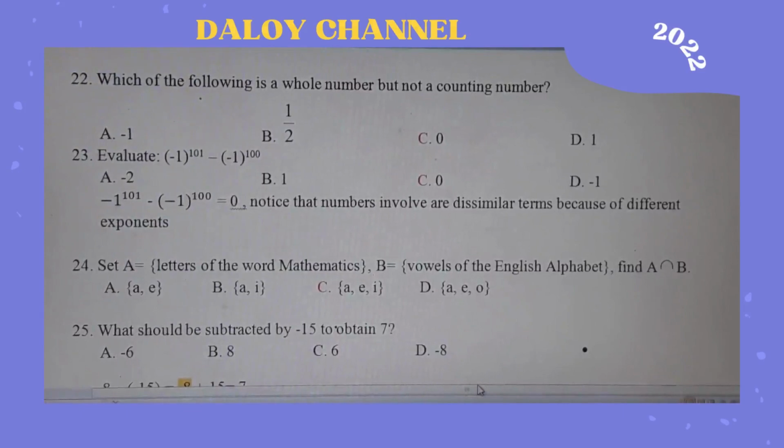Evaluate negative 1 to the power of 101 minus negative 1 to the power of 100. In this case, we're talking about exponential numbers.